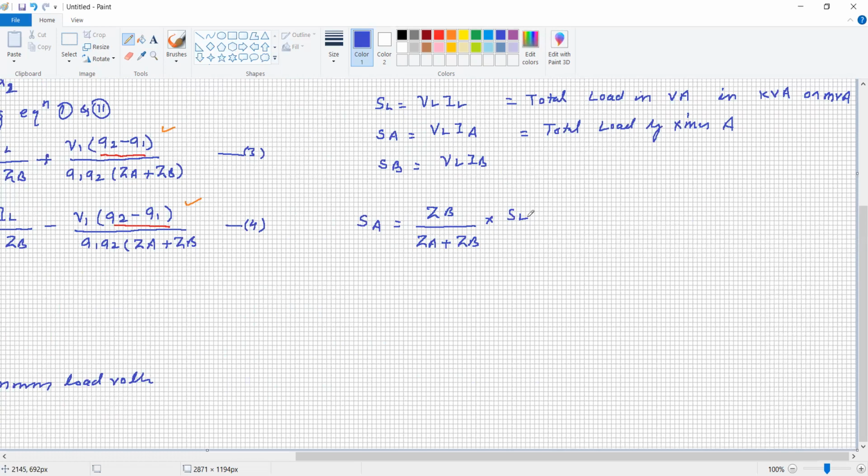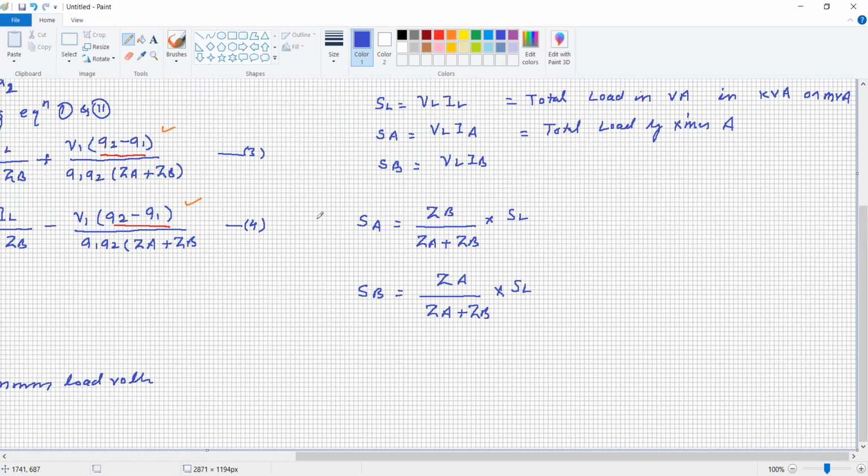Similarly, SB can be written as ZA upon ZA plus ZB into SL. SL is the total load kVA or MVA. Thus, the volt-ampere load on each transformer is inversely proportional to their ohmic value.